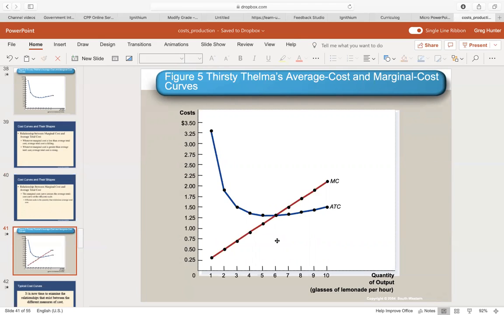So graphically and in tables and in exercises, we can identify the efficient scale of output for a firm by just noting where the marginal cost curve is equal to the average total cost curve. That's where they intersect.